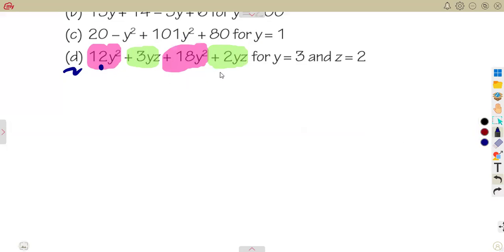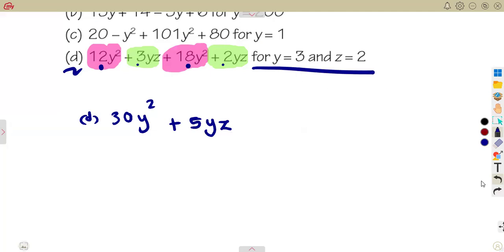So the part of y squared, we are going to add 12 plus 18 together, which is going to be 30. So this was going to give us 30 y squared. Then the part of yz, there is yz there. So we must add 3 plus 2, which is 5. So that is going to be 5yz.